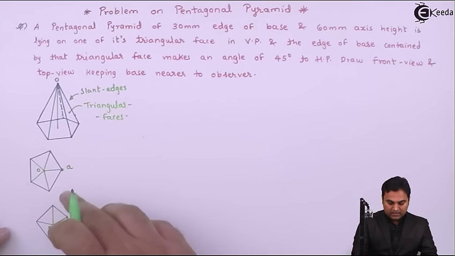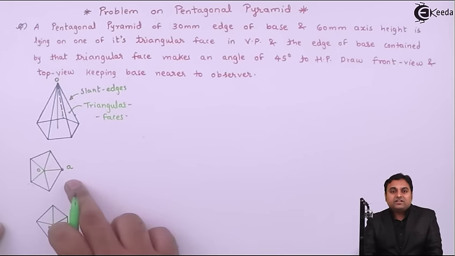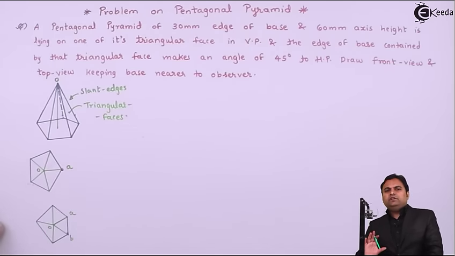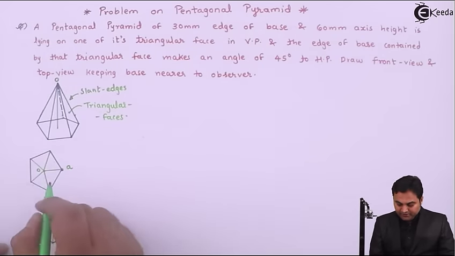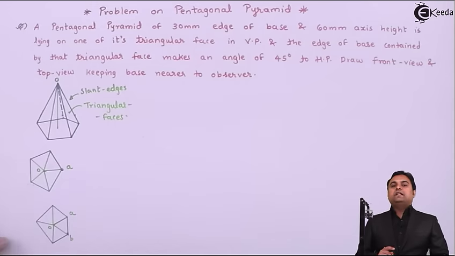Now, out of the 2 conditions, I have to select one condition. If I check the first one, here since it is resting on its corner, if I tilt this pyramid onto the right hand side, because in case of solids we are going to make them inclined or tilt them on the right hand side, it will be resting on its slant edge OA and not the triangular face.